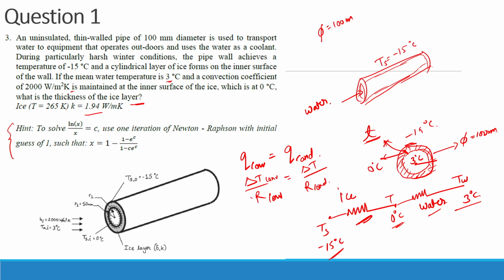So R convection will be nothing but 1 upon HA, and R conduction will be in terms of the formulas that we derived. So you can use that, put the desired values and try to find the radius. I will give you around 5 minutes. You can try solving that, and then I will solve the question in front of you. So you have to find the thickness of ice.